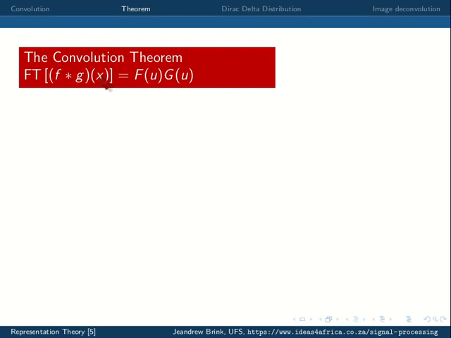But if you happen to have the Fourier transforms of the functions involved, you just multiply them, and then you have the Fourier transform of the convolution, and then you can take the inverse Fourier transform to get this thing back. So it gives you a different way of actually working out the convolution between two functions.